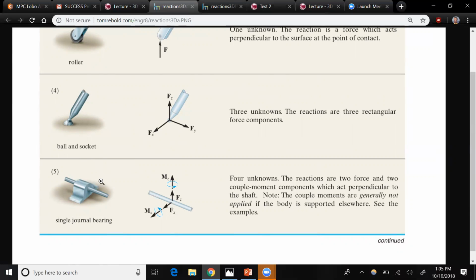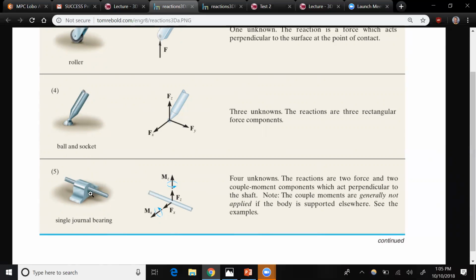But it won't keep it from sliding through the collar. So there is no force in the Y direction that it can provide as a reaction. Does that make sense?